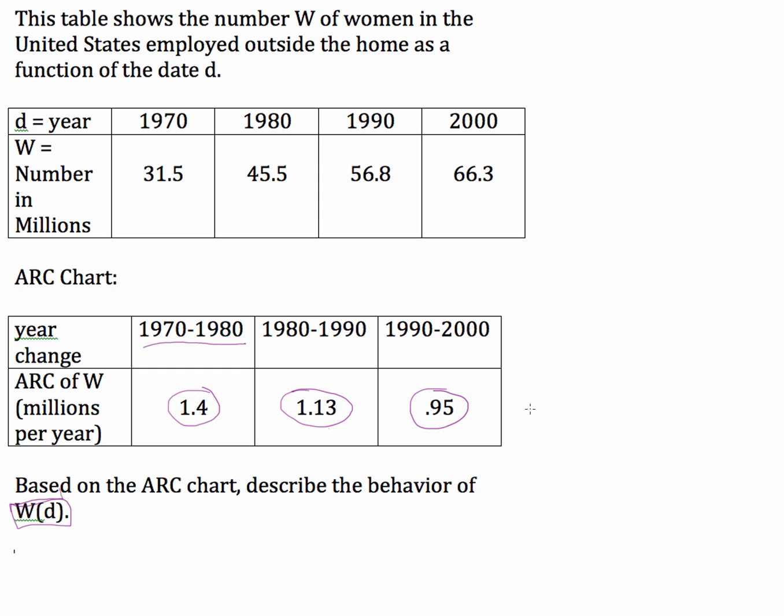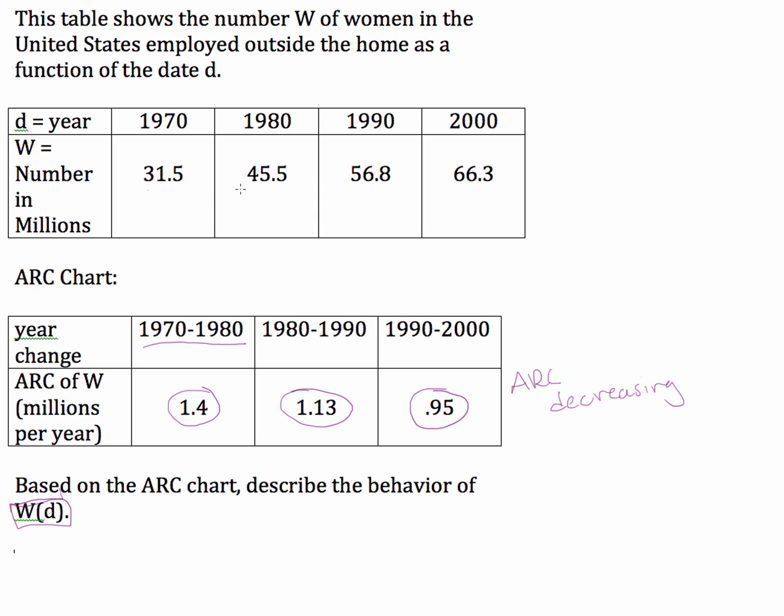So those numbers are getting smaller, so the average rates of change are decreasing. So what does that mean about the concavity? The concavity is decreasing, which means the function is concave down.